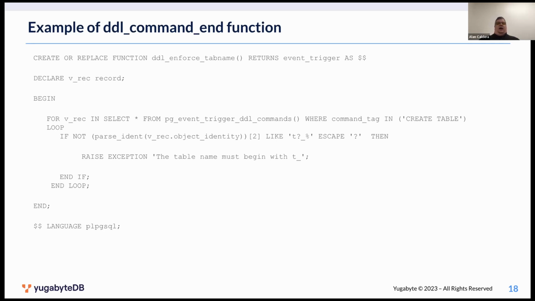I'm using a little helper function to parse the identifier to see what the table name looks like, and then I'm raising an exception if it doesn't qualify for my rule.